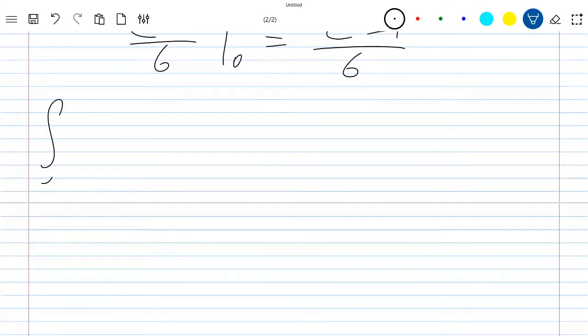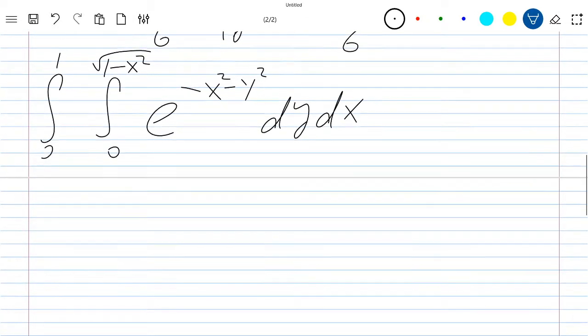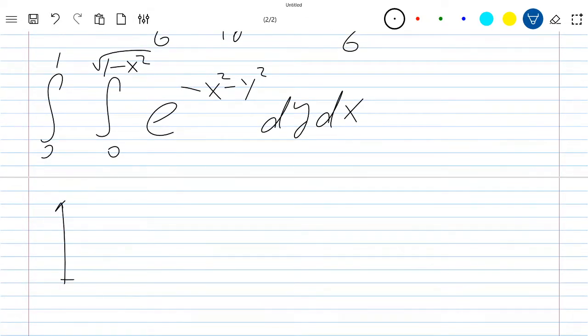On the other hand, if our domain is not formed by lines, maybe it's easier to do it using polar coordinates. Let's see what kind of domain this is. This time x goes from 0 to 1, and y goes from 0 to square root of 1 minus x squared.